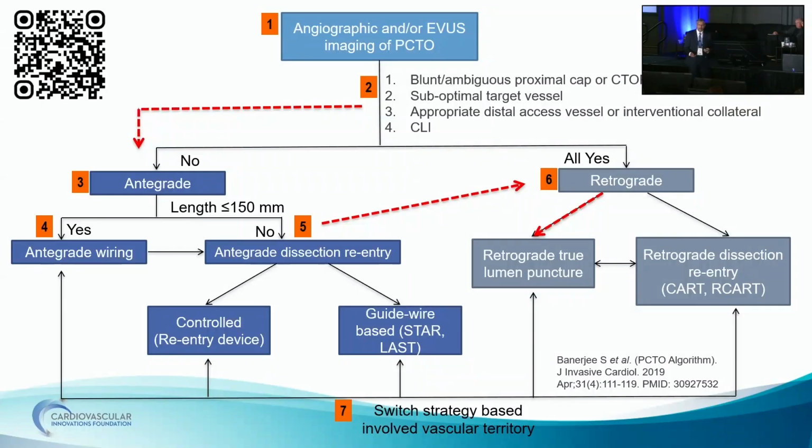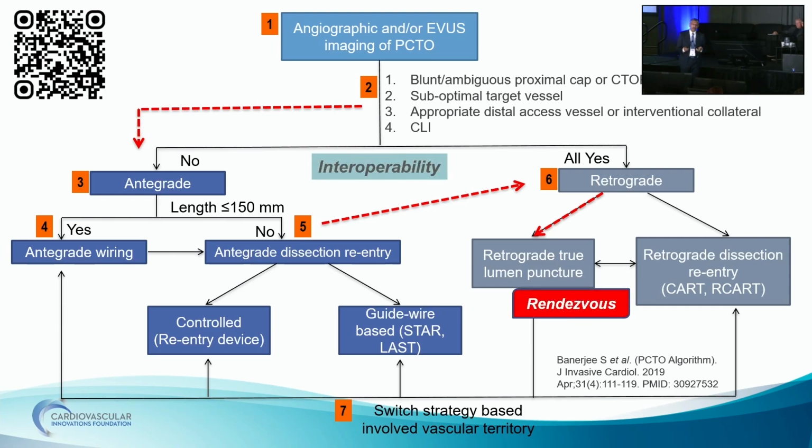So I'm going to skip through this and not show this grand scheme, but the two principles are, when you think about switching approaches, are you doing it because the first approach has failed, or is it more efficient to use the second approach, retrograde, but not giving up the primary approach?